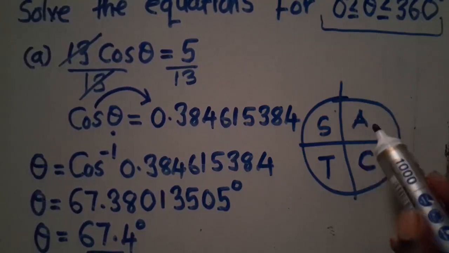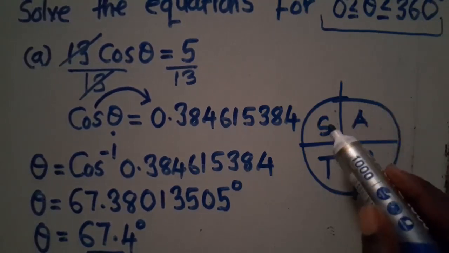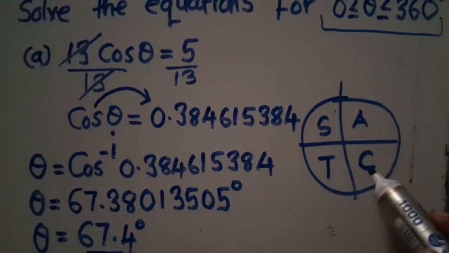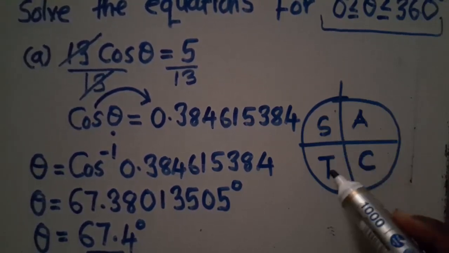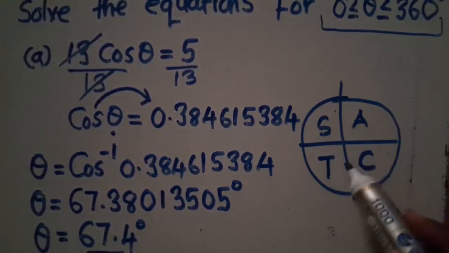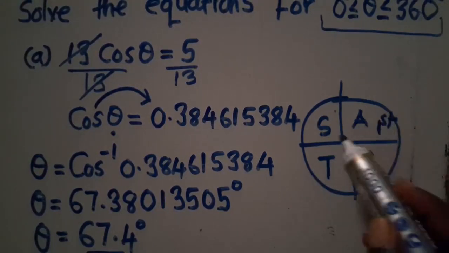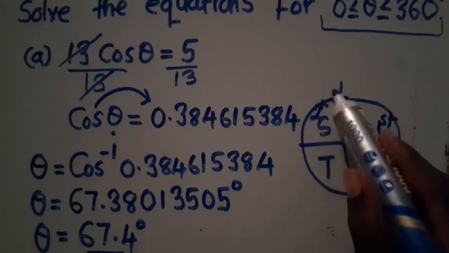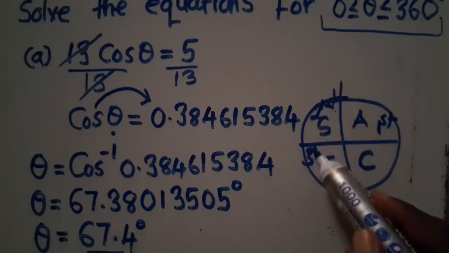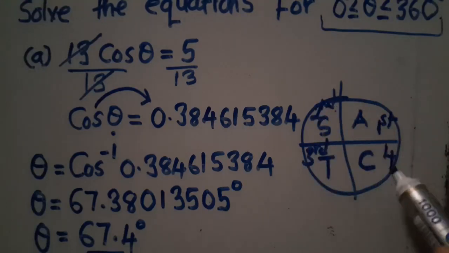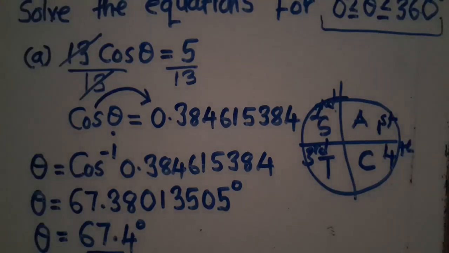When I say O, I mean all of cosine, tangent and sine are positive. This is the first quadrant. This is the second quadrant. This is the third quadrant. This is the fourth quadrant. That is what you need to do.